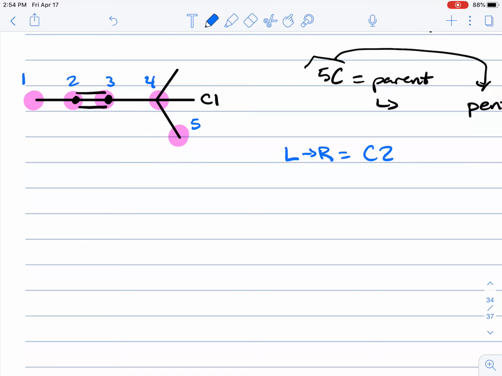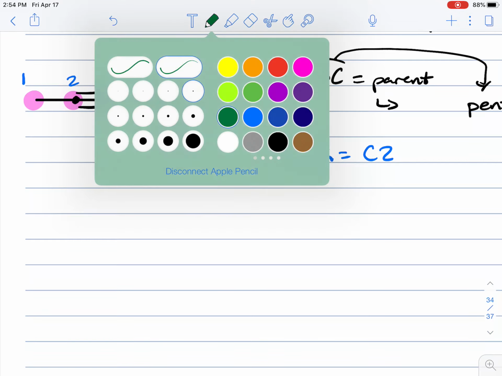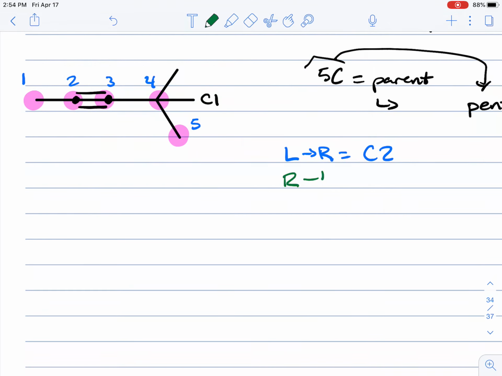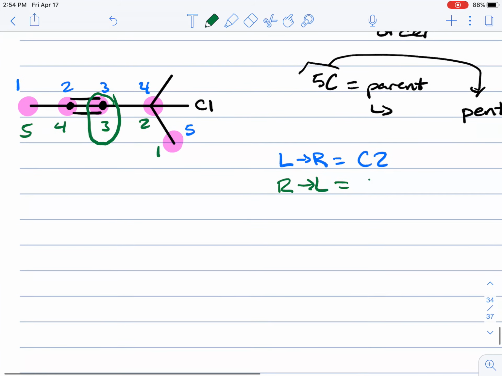And so I'm going to go ahead and go from right to left in green. And so I'm going to start from this point: 1, 2, 3, 4, 5. And if you look, if I go from right to left, the triple bond will start at carbon 3. And so you really don't want this. It's a higher value.